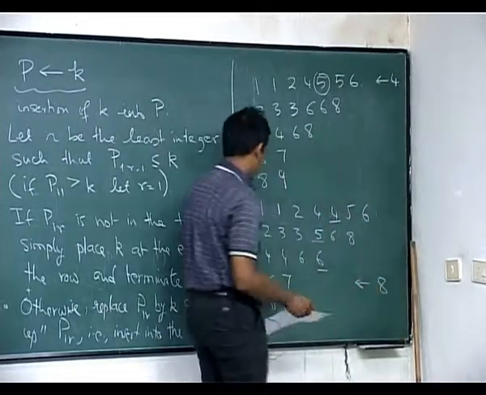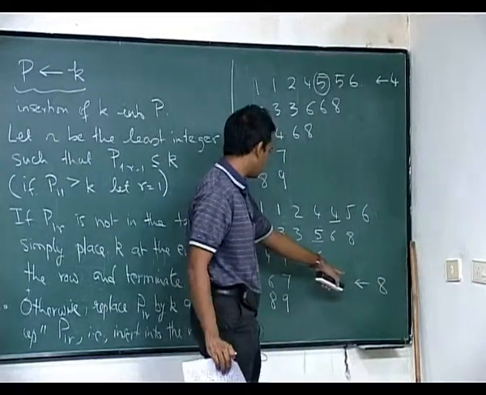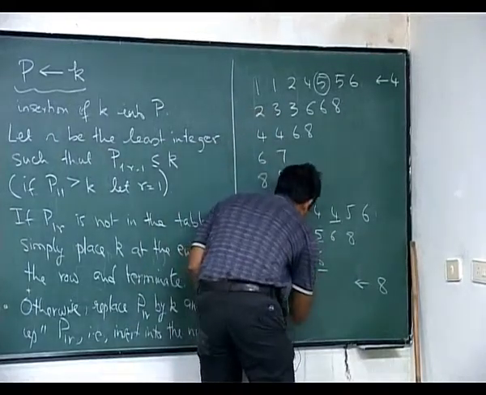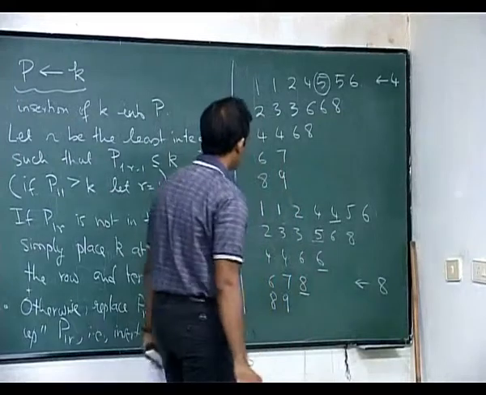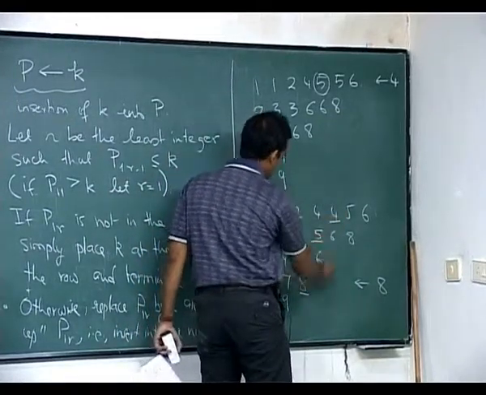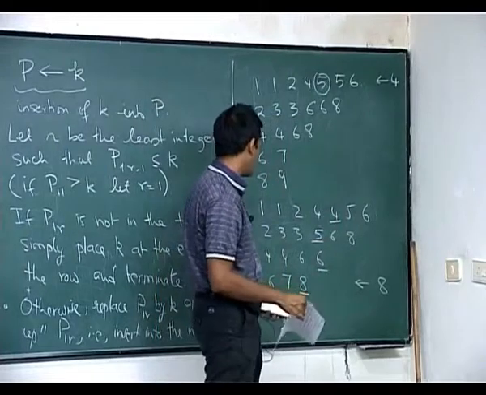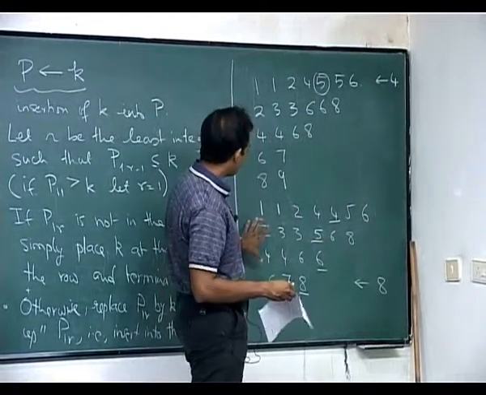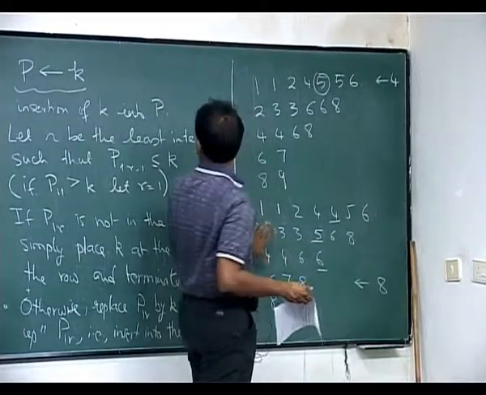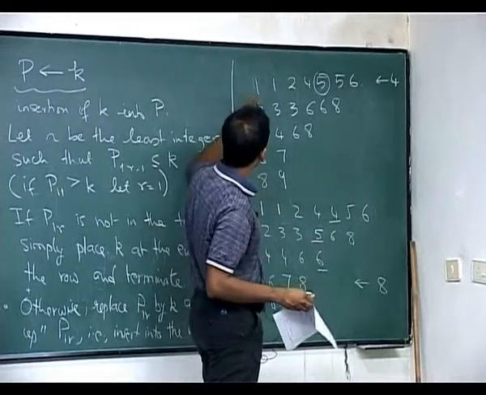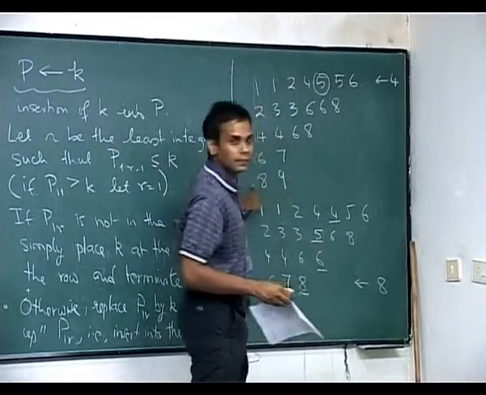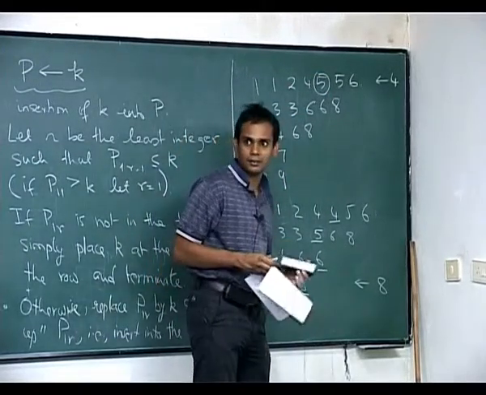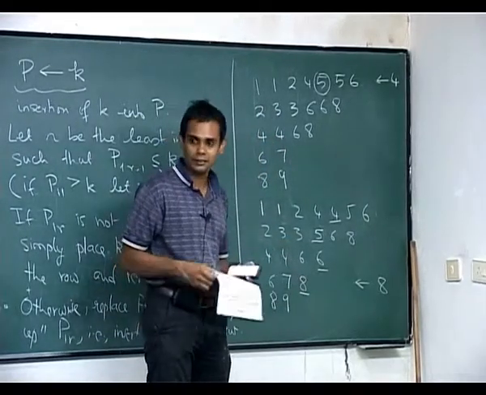I need to insert it into this row. But here it's already greater than or equal to all the entries in this row. I can just bring it to rest here. This sequence of underlined numbers is what is called the insertion path. And this is the insertion of 4 into the original tableau P that I had. So that's Schensted's bumping algorithm. It's just a combinatorial construction.